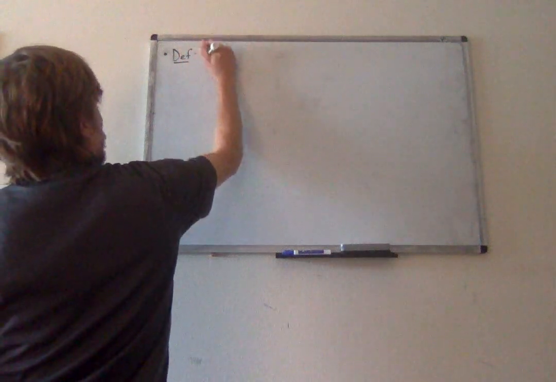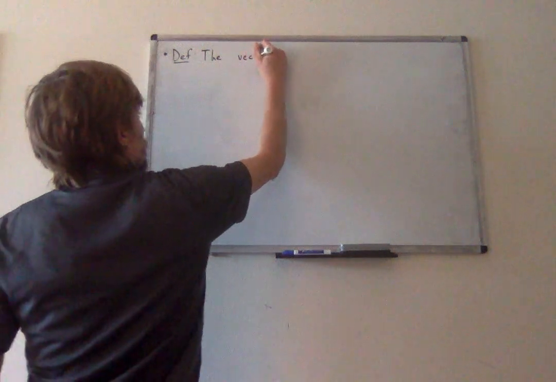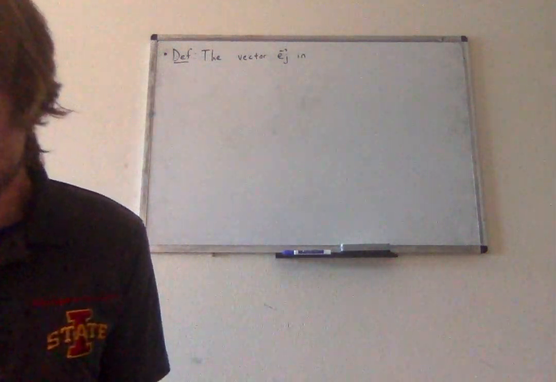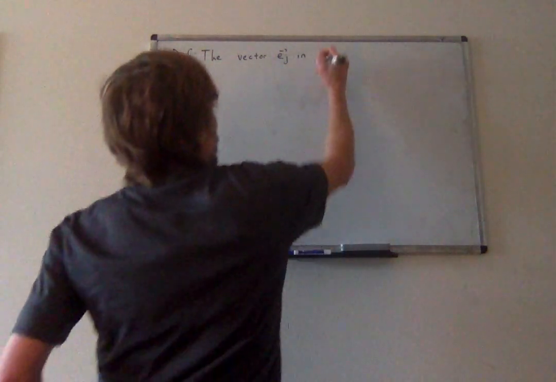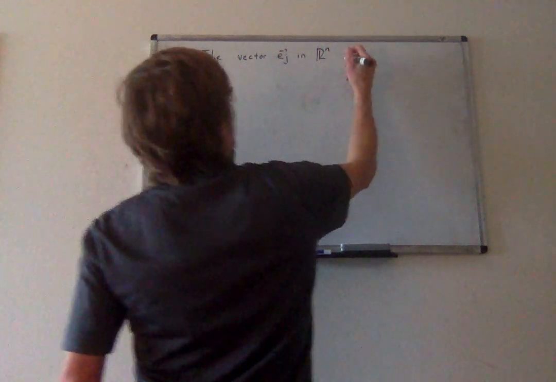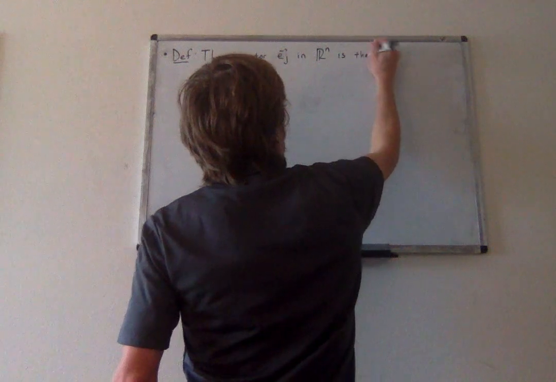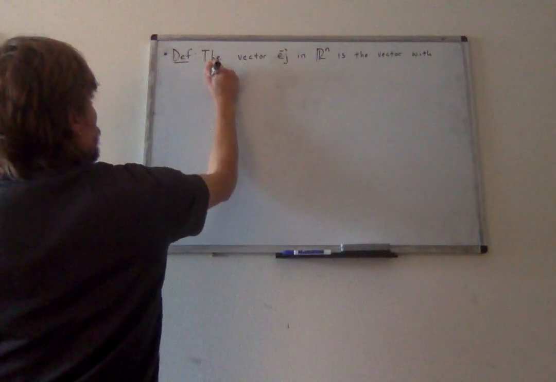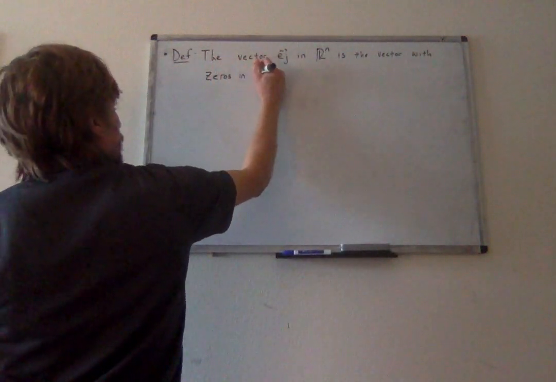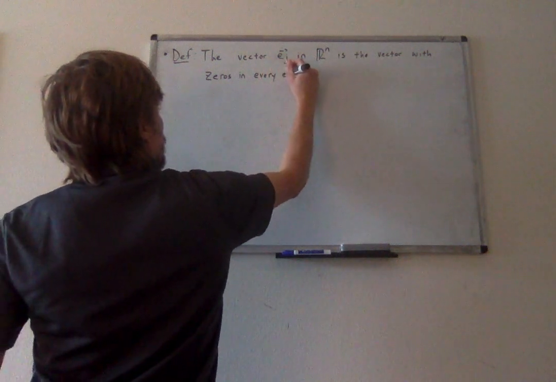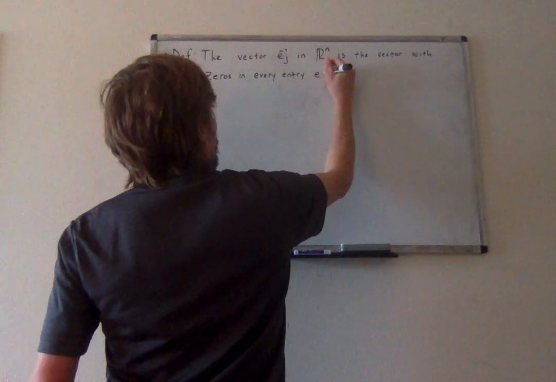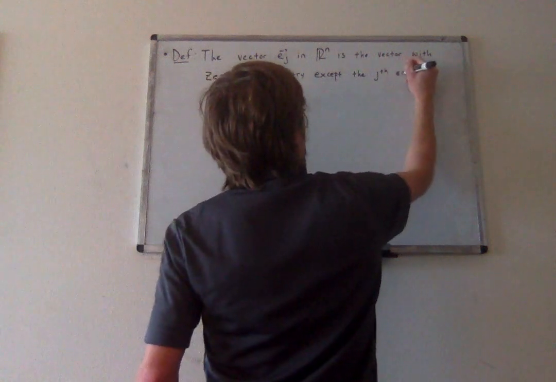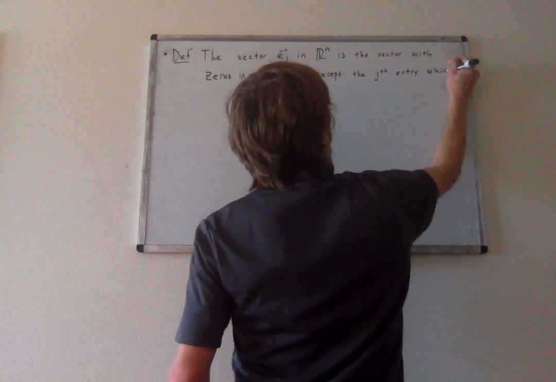So the vector e sub j in Rn is the vector with zeros in every entry except the jth entry, which is a 1.